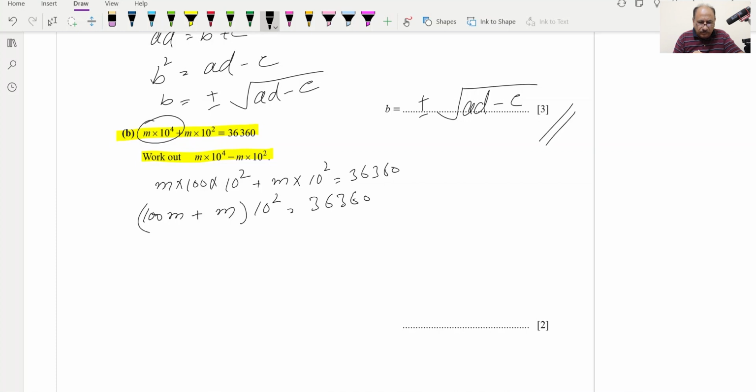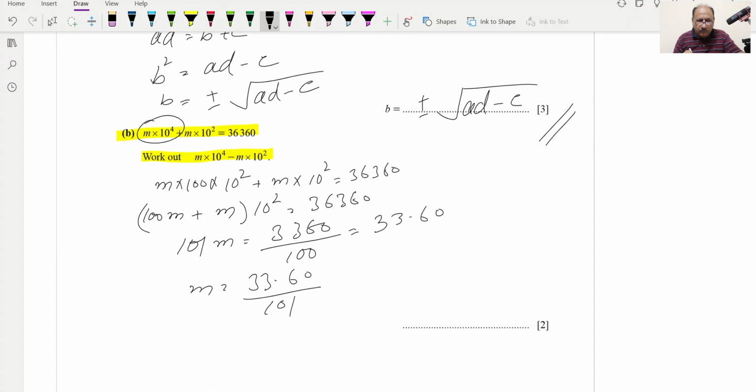And further we can write it as 101m is equal to 36360 over 10 raised to 2, which we can write as 100, and by cancelling this 100 it can be written as 363.60. Further we can write m is equal to 363.60 over 101.